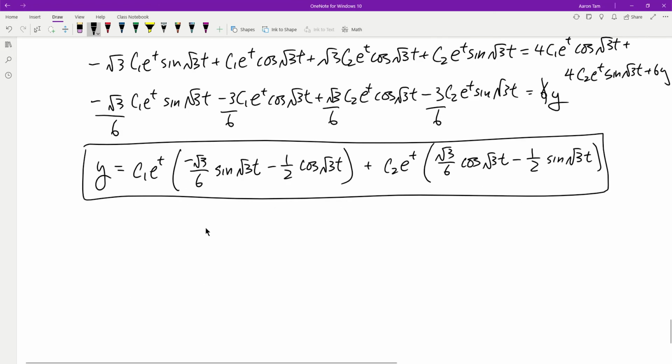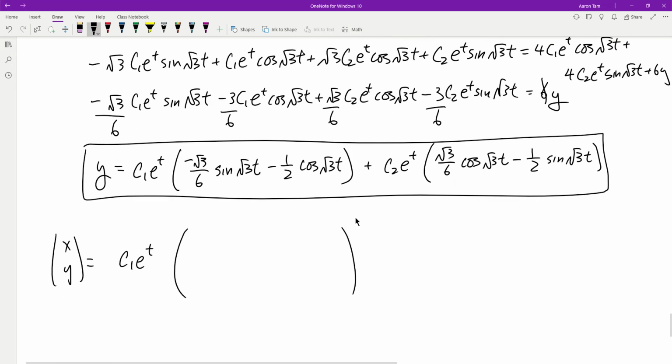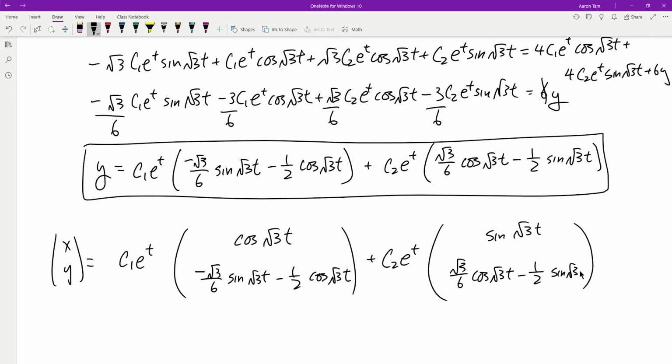X and y equal c1 e^t times, for x, cosine radical 3t, and for y, negative radical 3 over 6 sine radical 3t minus 1/2 cosine radical 3t, plus c2 e^t times, for x, sine radical 3t, and for y, radical 3 over 6 cosine radical 3t minus 1/2 sine radical 3t.